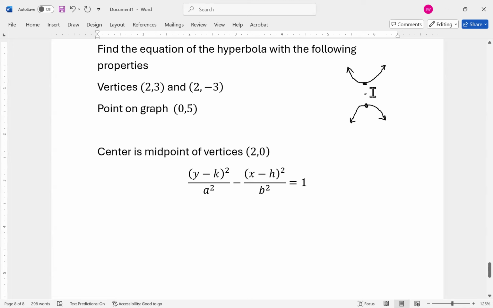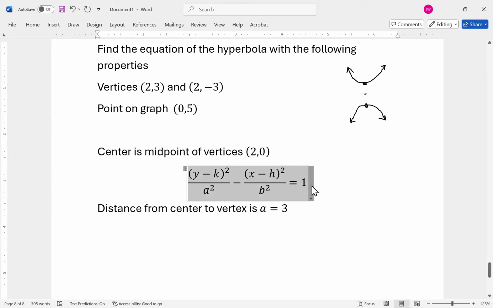Now, the vertices, it's pretty obvious, are 3 units away from the center in the y direction. So that means the distance from the center to a vertex is 3, and that's the a. A here is 3.